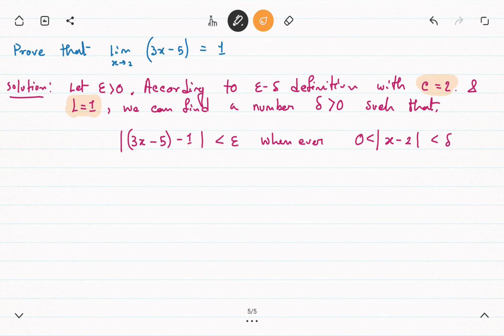Now we can define a number in such a way that this epsilon delta definition is constructed, and whenever it is constructed, it follows this definition or these conditions, I will say.